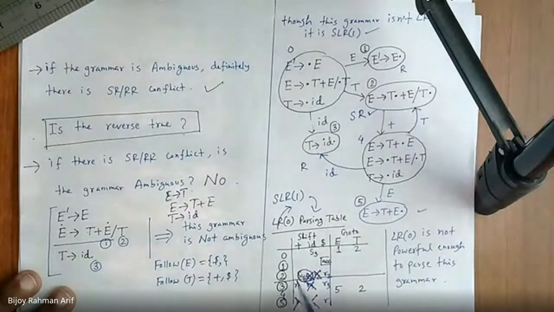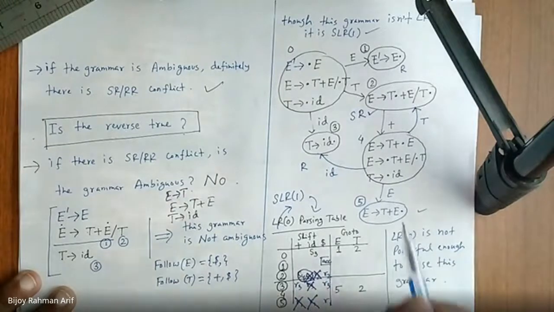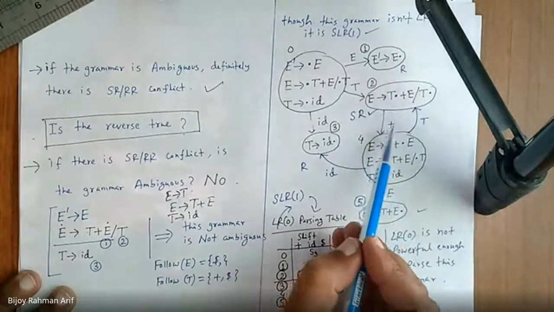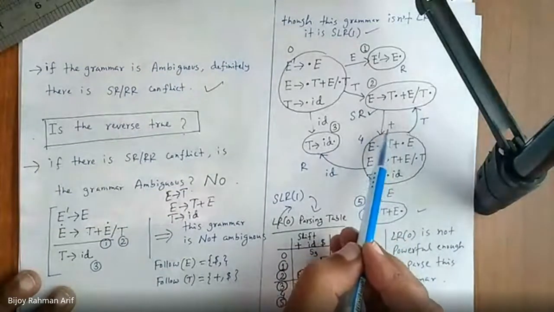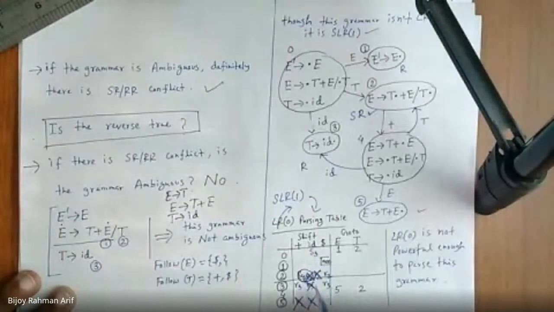That means in plus I put R2, in ID I put R2, in dollar I put R2. But in this state there is also a shift, because there is a move on plus, which is a terminal. So there would be a shift-reduce conflict on plus. Am I right or not?